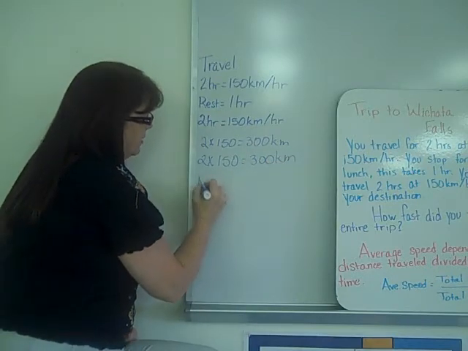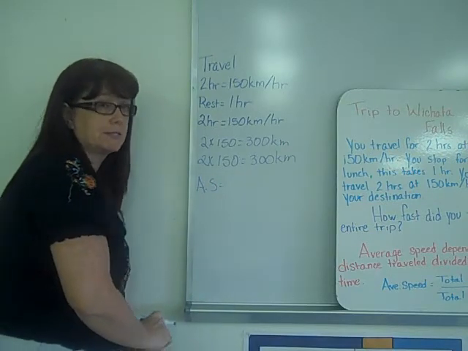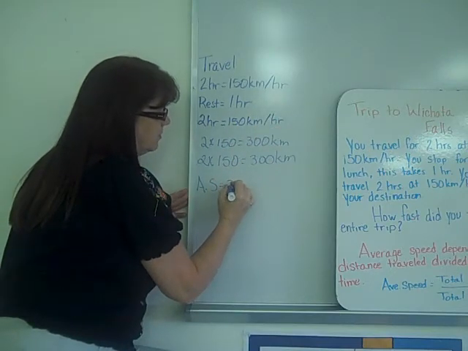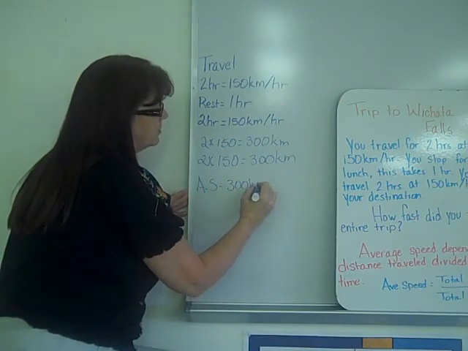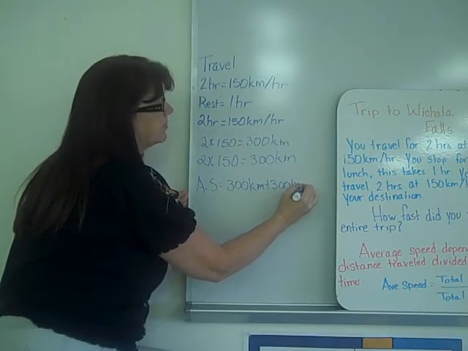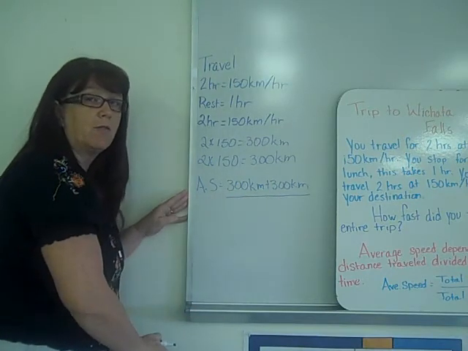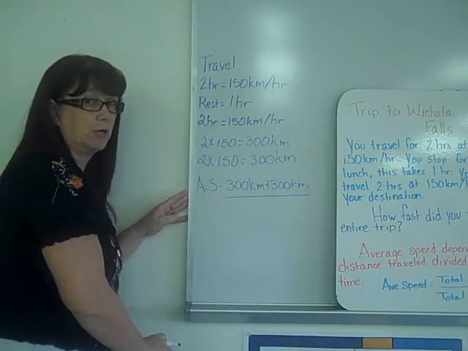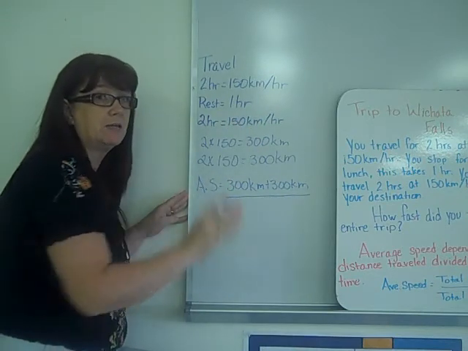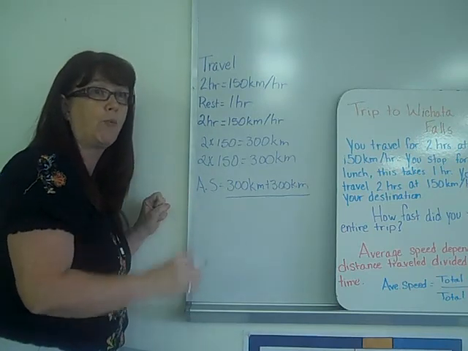So to calculate average speed, remember we said it's total distance. So the total distance that I drove is 300 kilometers plus 300 kilometers. And I need to divide that by the total time that it took from start to finish. It means I have to take into account the entire time I was in the car or resting.